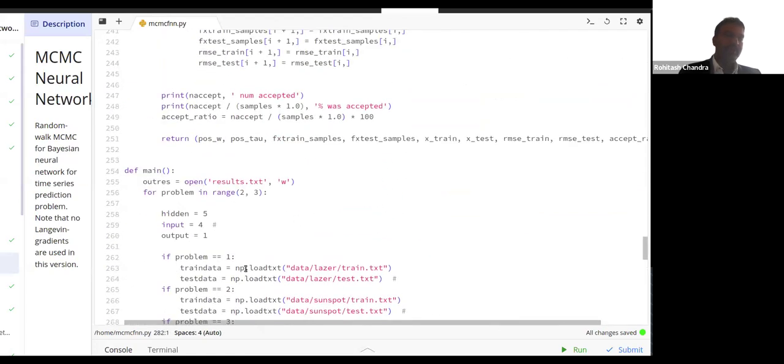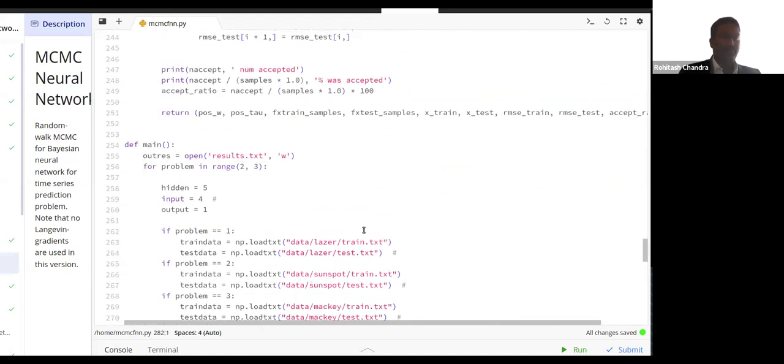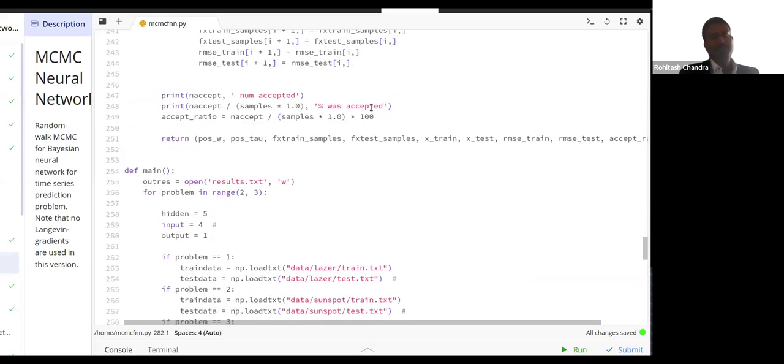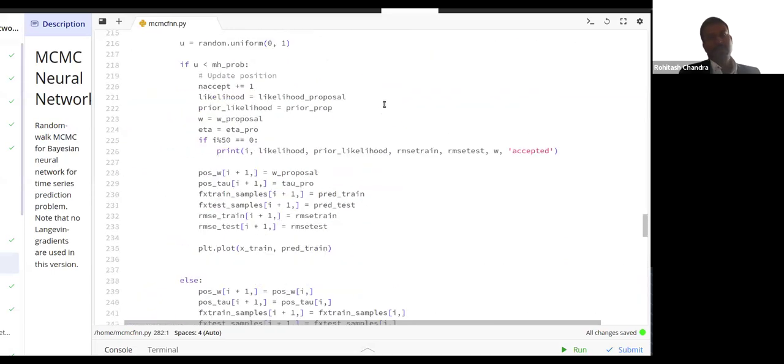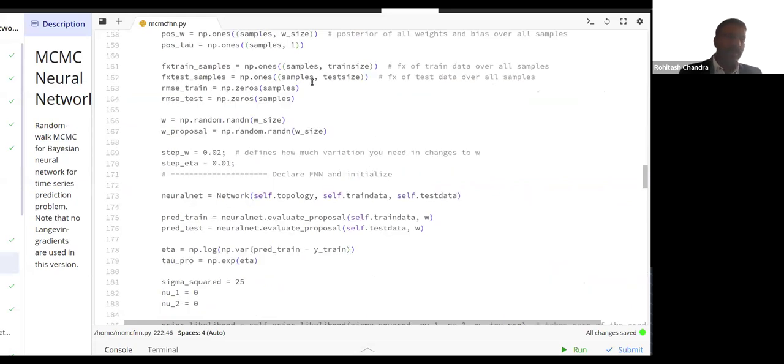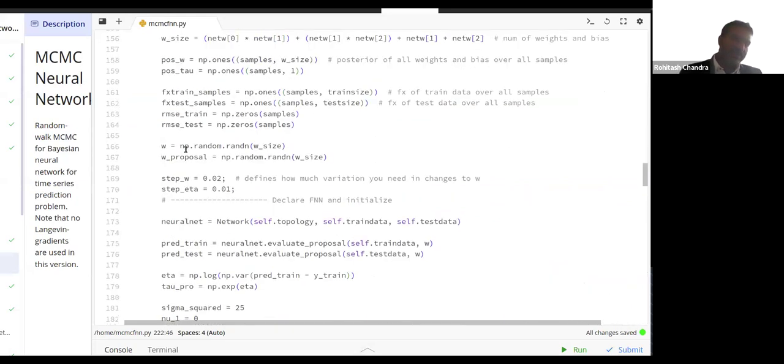So we can select what problem, 1, 2, or 3. In here, we are looking at the 3 time series prediction problems. So here we go back. Note that we took that topology as we said, and we defined the neural network by calling the neural network class, right?